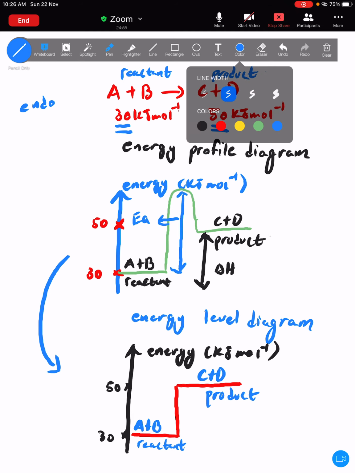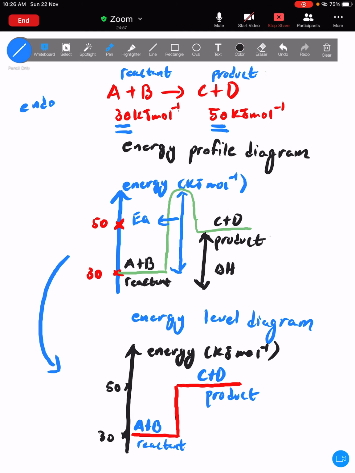And this will be your delta H, which is, in this case, a positive 20 kilojoule over mole. Label over here, positive 20 kilojoule over mole. Okay, this is the difference between the energy level diagram and the energy profile diagram. Please screen capture this thing.